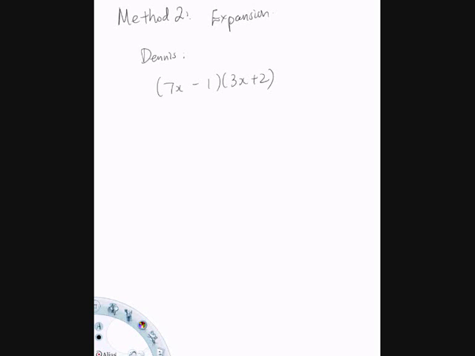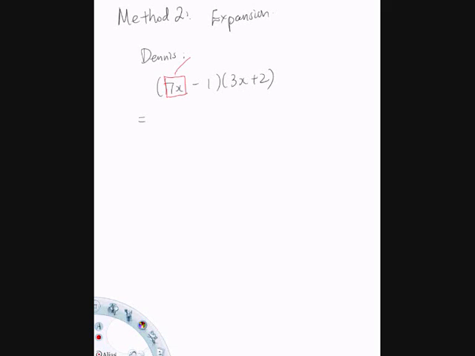We will expand this out, and to do expansion we use the cover-up method. We look at 7x first and cover up minus 1. We don't bother about minus 1 first. So we distribute 7x to the terms in the other bracket.